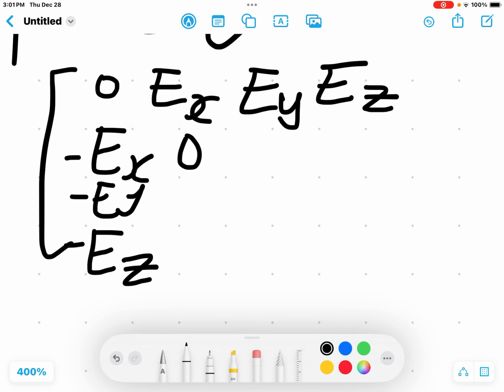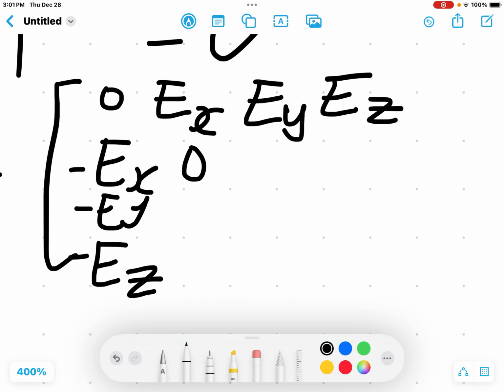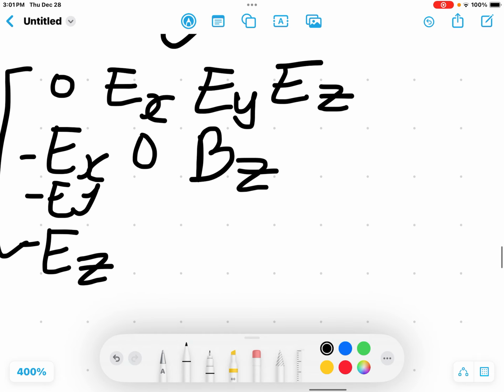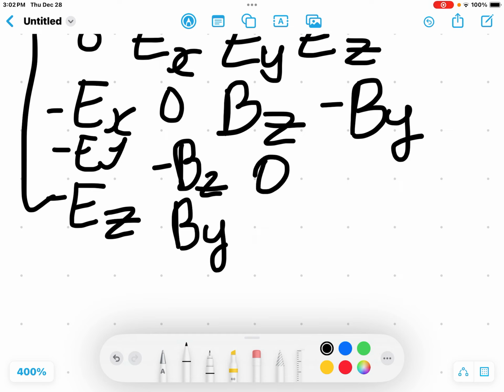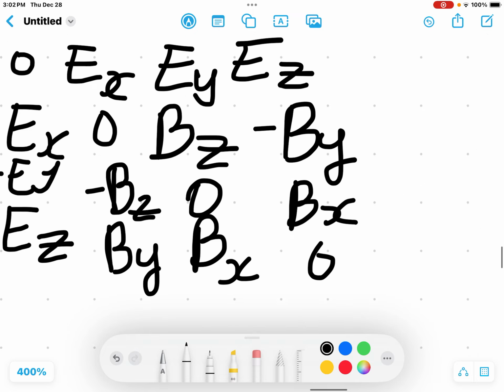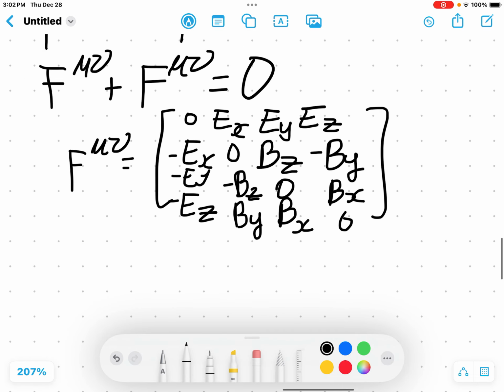The next entry in the second row is 0, and then this is Bz, minus By, minus Bz, By, and then that's 0, Bx, Bx, and then this is 0. This is sufficient. This is enough to describe what exactly our electric field is.